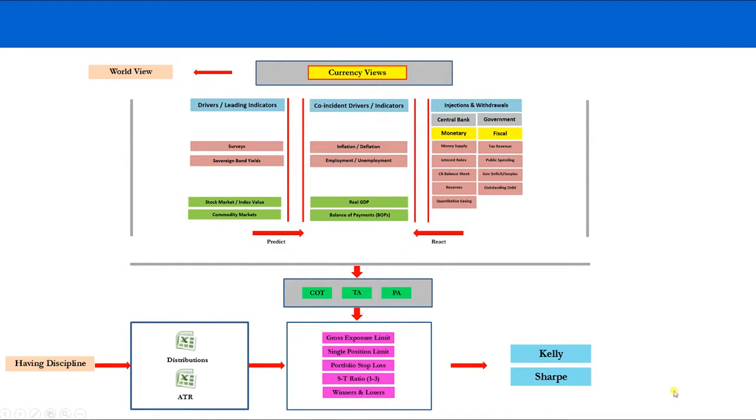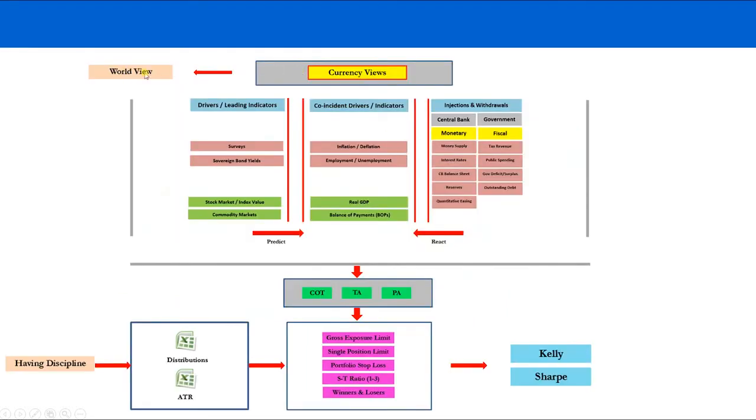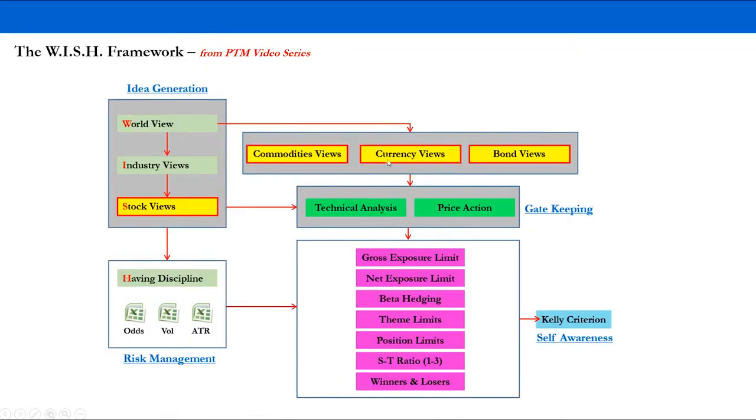Now, when we go into currency views overall, you'll see that the currency views are driving our worldview as well. So our worldview we can obtain in its entirety over here, and this can drive currency views, but currency views can also drive our worldview. And when we take a snapshot or go inside currencies, what we're doing here is looking at the currency view idea generation area.